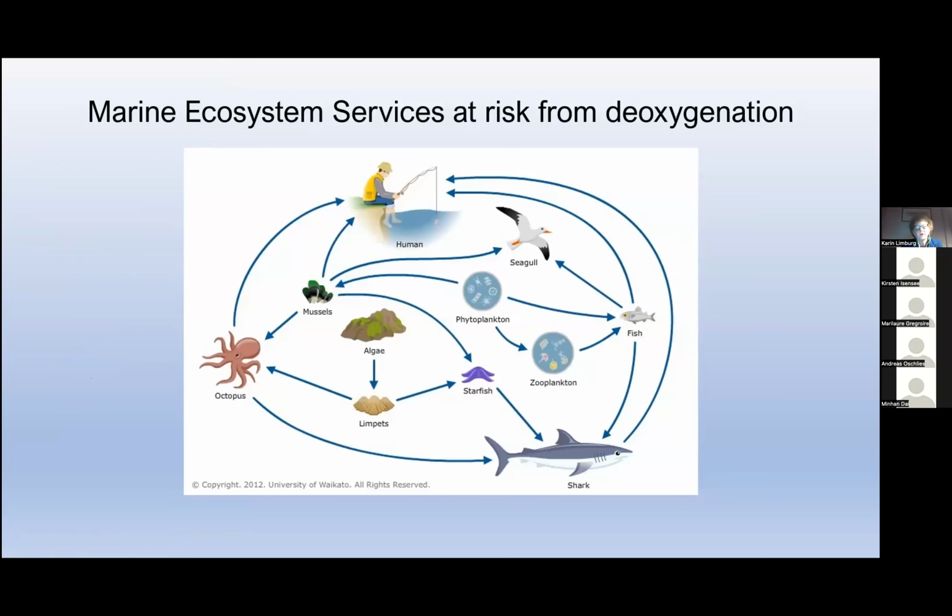Our ecosystem services at risk from deoxygenation, we're sort of slowly working on a group think about it, but if people have ideas and wish to contribute, I'm very interested in that too.